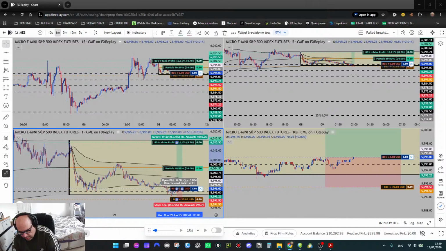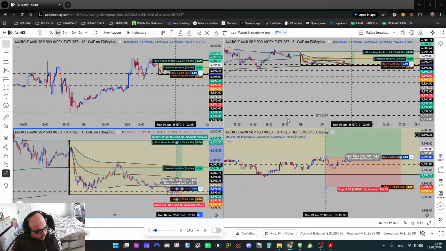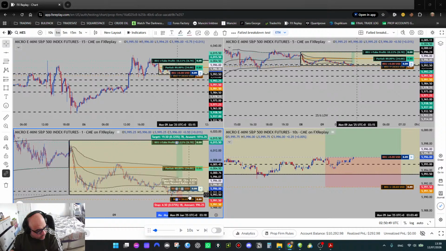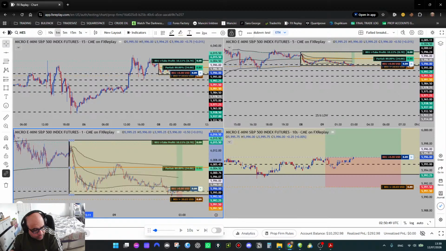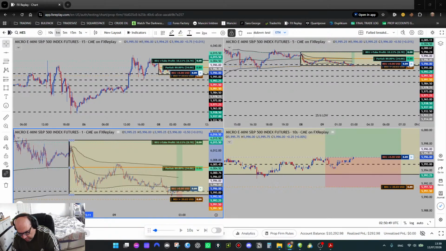The entry level is the previous DBA low at 59.93.5, and the entry level is also the previous lows.